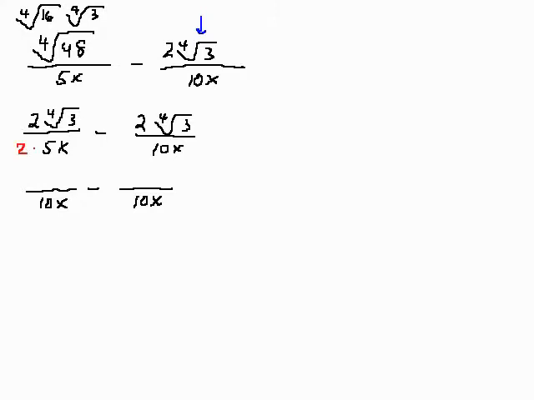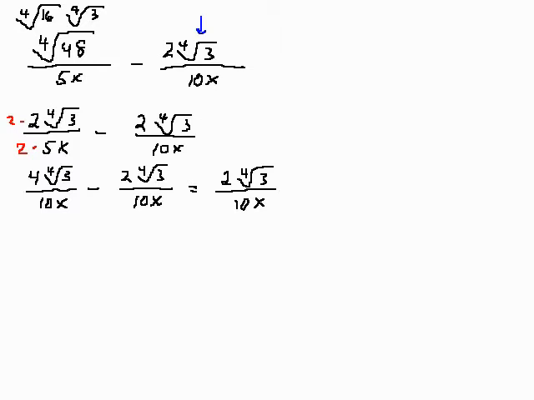We're going to have to multiply the first fraction, both numerator and denominator, by the number 2, which will give us 4 times the fourth root of 3 over 10x, minus 2 times the fourth root of 3 over 10x. See, so we get those like radicals, and we get 2 times the fourth root of 3 over 10x.